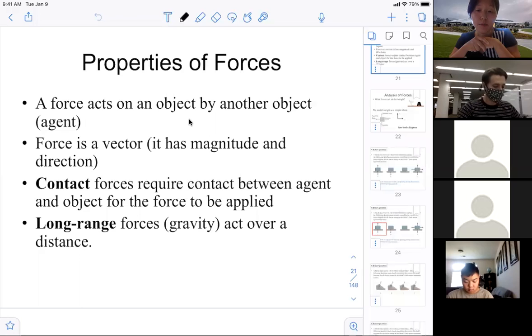So you can describe the force by saying, okay, gravity is exerting a force on me. Or if you want to use the field perspective, you say I'm in a gravitational field, and therefore that field exerts a force on me. Both of those work.